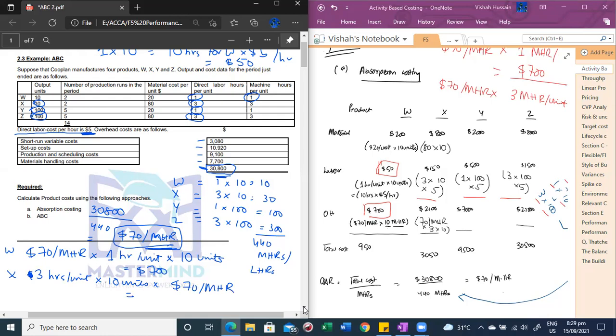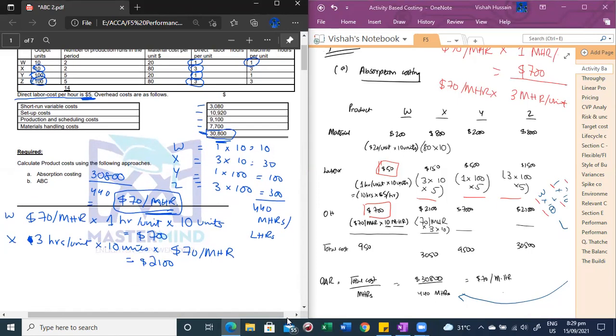So 3 into 10 becomes 30, and 30 into 70 becomes 2100. Then for Y, 1 hour into 100 units into $70 per machine hour. This would give you 7,000.